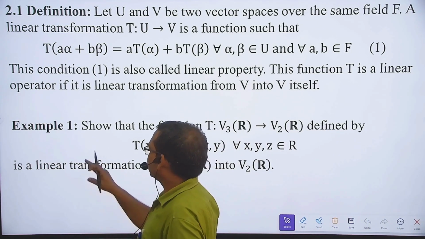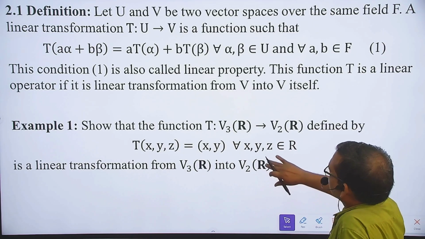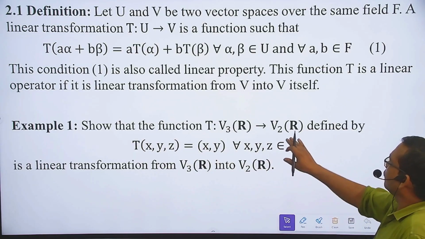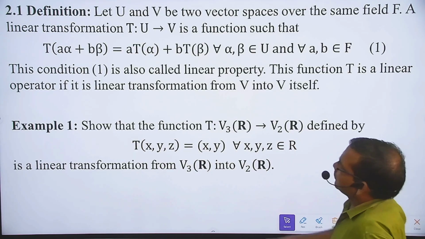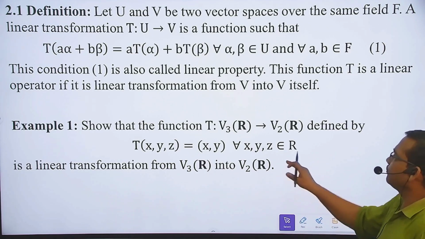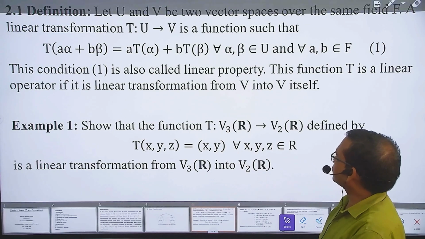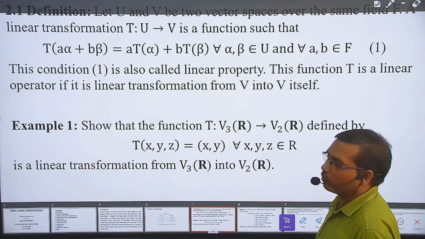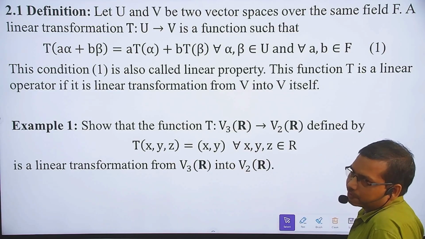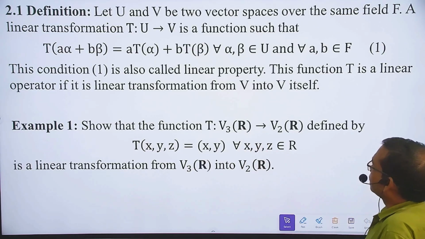We take some examples of a function. The example is the function T from V3 to V2 defined by T of x, y, z equals x, y for all x, y, z belonging to R. Here V3 represents the domain of the function T, a vector space of dimension 3, and R is the field.